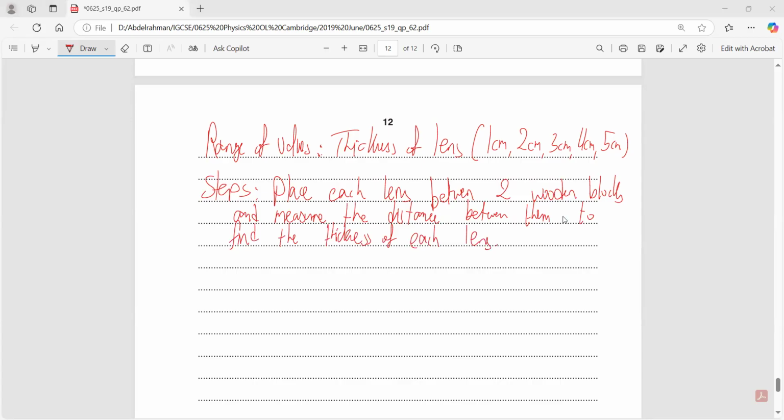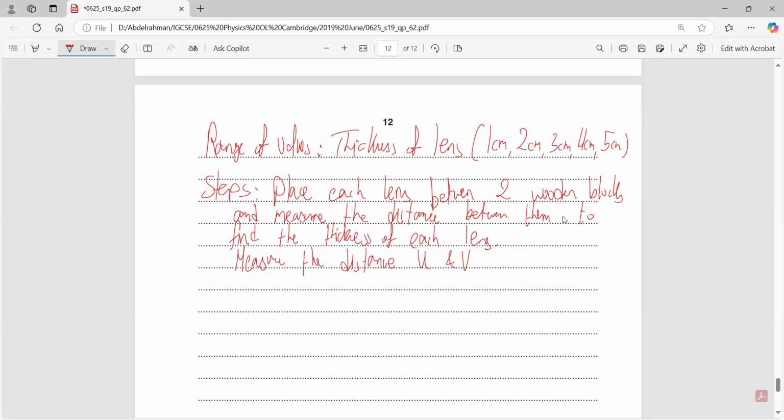We should measure the distance U and the distance V. We have the setup now. We know U is the distance between the object and the lens, and V is the distance between the lens and the screen.